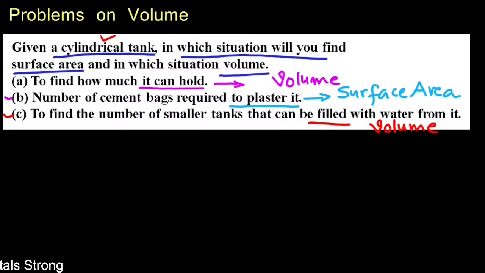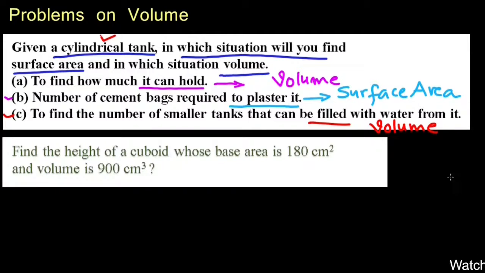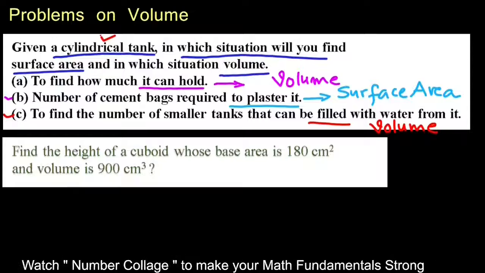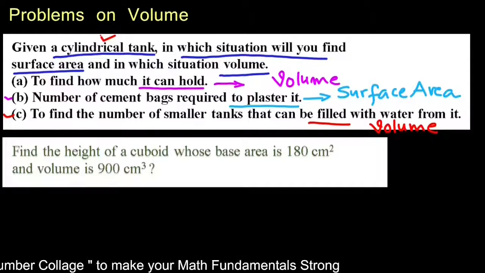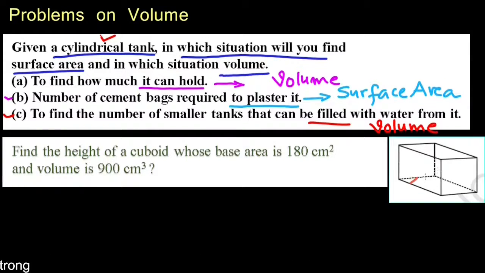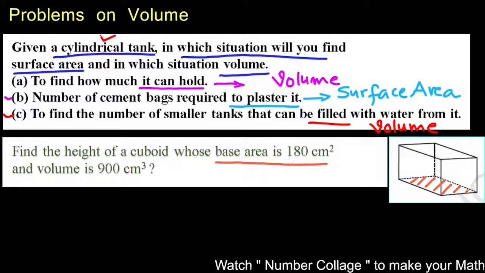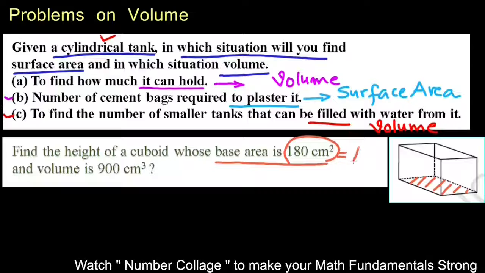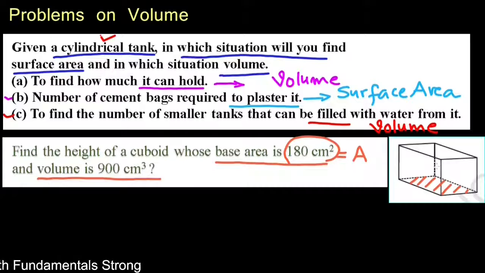Next question is find the height of a cuboid whose base area is 180 cm square and volume is 900 cm cube. Suppose the cuboid in the question is this cuboid whose base area is given as 180 cm square. Let us name it A, and volume of this cuboid is 900 cm cube.